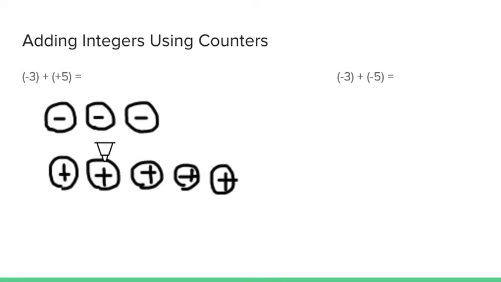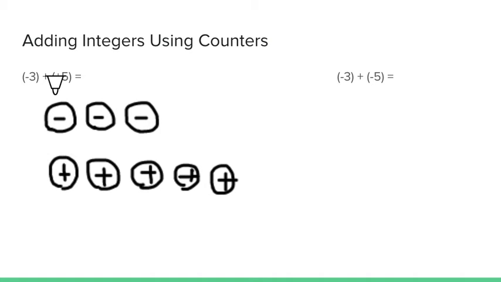Now, once you've done this, guys, you'll notice I haven't got to an answer yet. I have the 2 numbers that I'm using, but when you have both negative and positive counters there, what you're going to try to do is make matching pairs of negatives and positives, and you're going to cancel them out.